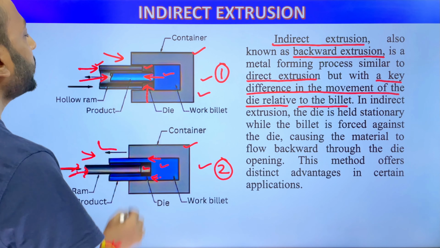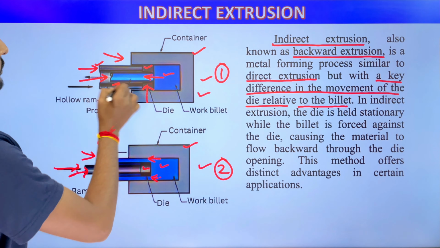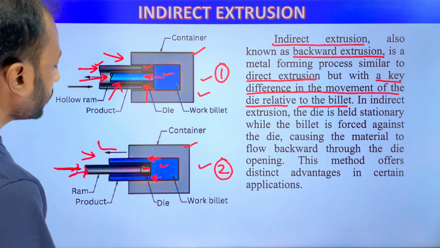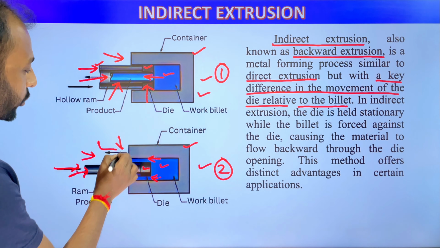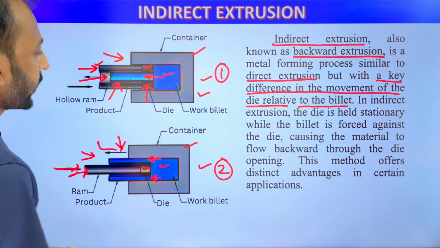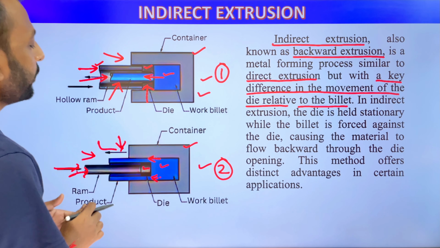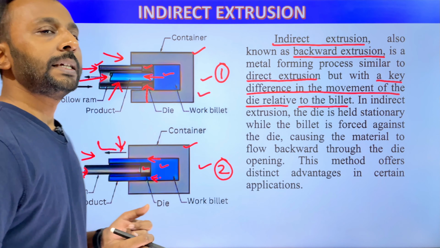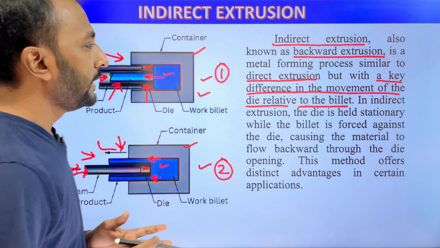So, in the first figure, we were producing a solid rod type product, but here we are producing a hollow type product. So in indirect extrusion, we can make hollow products very easily.